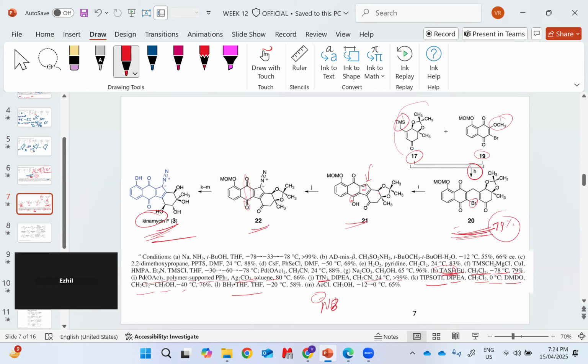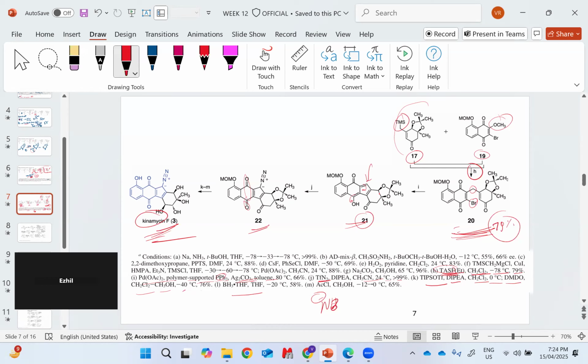In which you can see these two fragments attached directly together, followed by the cyclization reaction by using palladium acetate and the polymer supported PPh3 and Ag2CO3, that is the silver carbonate, at 80 degrees Celsius. So that was the cyclization reaction.